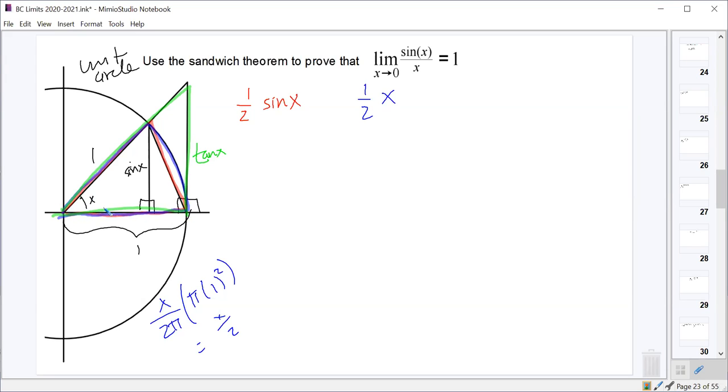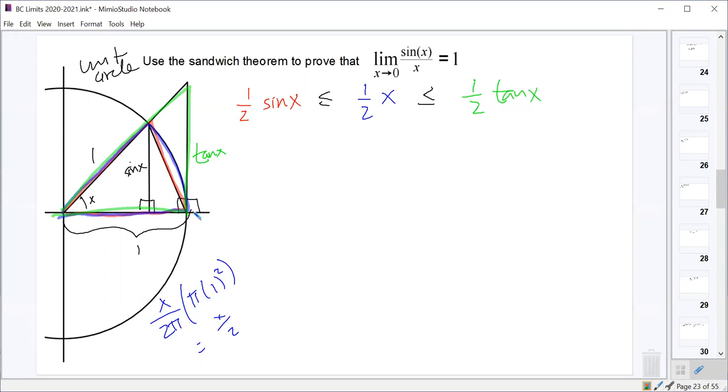And if this is a unit circle, the base is 1. And so this other length ought to be tangent of x. So that area is just one half tangent x. And just by the nature of this drawing, the red triangle better have an area less than the blue sector, which better be less than the big green triangle on the outside.